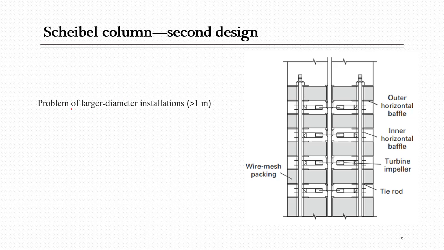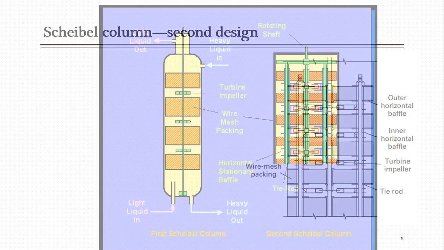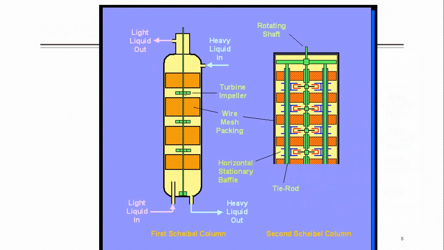So large diameter columns, with diameter greater than 1 meter, in all those towers, this was the issue. Because these rotating elements are not extended throughout the column. They cover the column up to some extent, but if you have to cover a large area, definitely some of the liquid will escape, will not come in contact, and with this, efficiency will decrease.